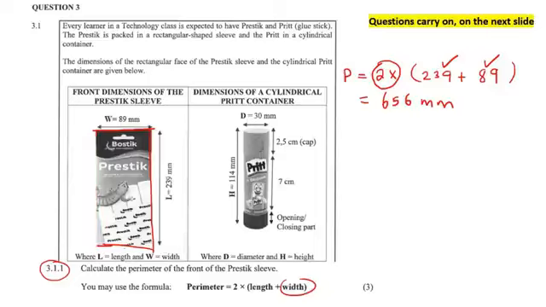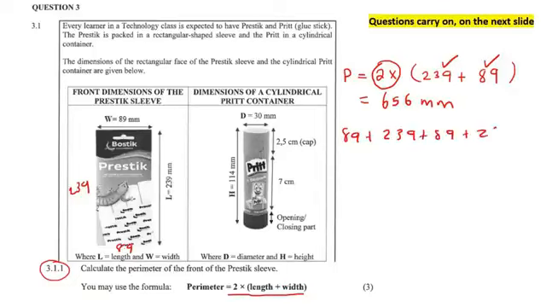That multiplying by 2 tells us that there's another 239 over here, and another 89 over there. So that's correct. You don't have to use the formula they give you. You could also just say 89 plus 239 plus 89 plus 239, add that all up and you will get the exact same answer of 656 millimeters.